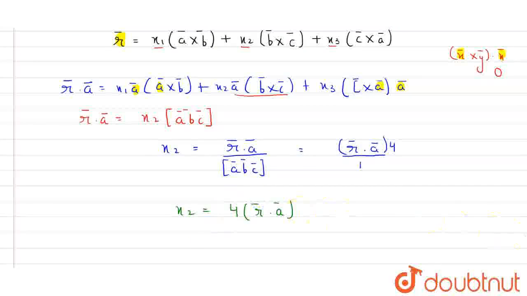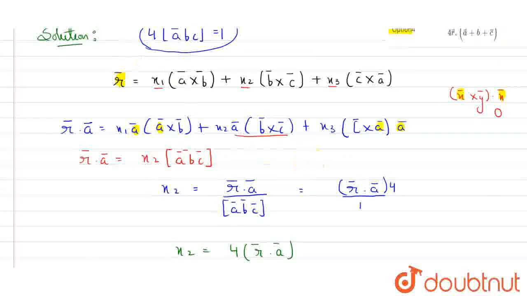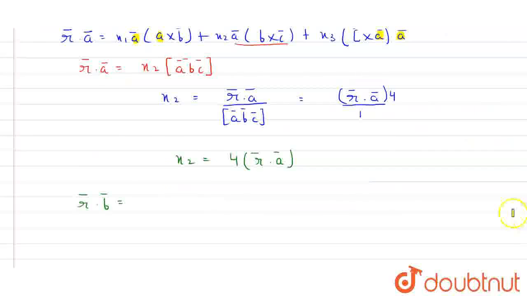Okay? Similarly, now I'll multiply r with the b vector, okay? So if I multiply r with the b vector, look here, this value will be 0 and this value will be 0. So I'll get x3 b (c cross a), okay? So I'll get here x3 b vector dot (c cross a). I have just skipped this part because I explained it previously.